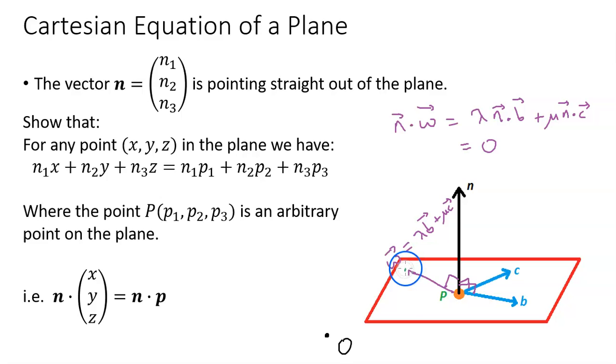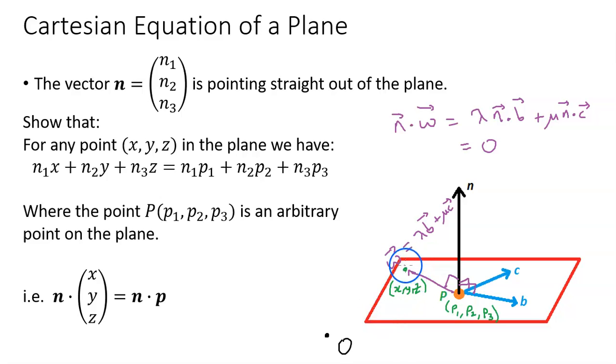Let's suppose that the point x, y, z is over here. So this point has coordinates x, y, z. Meanwhile, P has coordinates p1, p2, p3, because we're told that the point P is an arbitrary point on the plane.